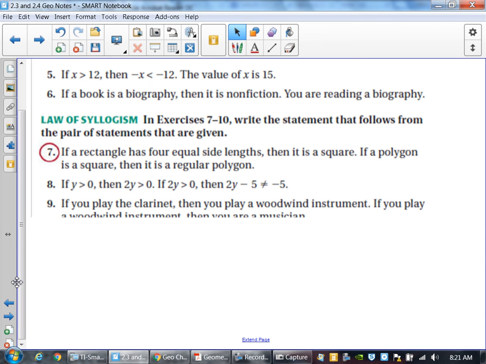Do I see the repetition there? The square part is repeated. So then what you can say is, if a rectangle has 4 equal side lengths, then it is a regular polygon. That's all it is, okay?